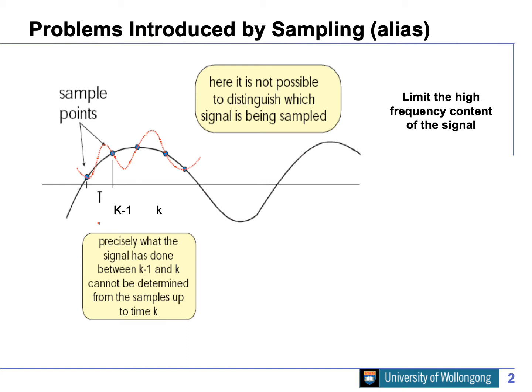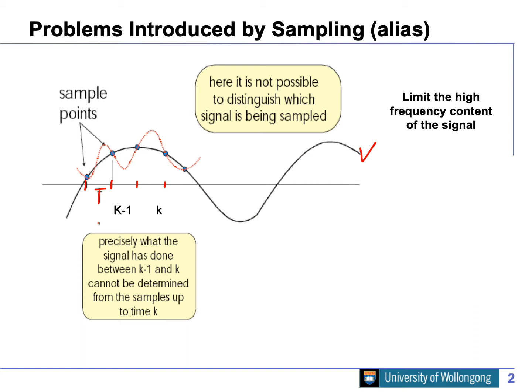If we have a certain sampling time T, we get a signal every T. The issue here is that you have a black signal that fits these points exactly.